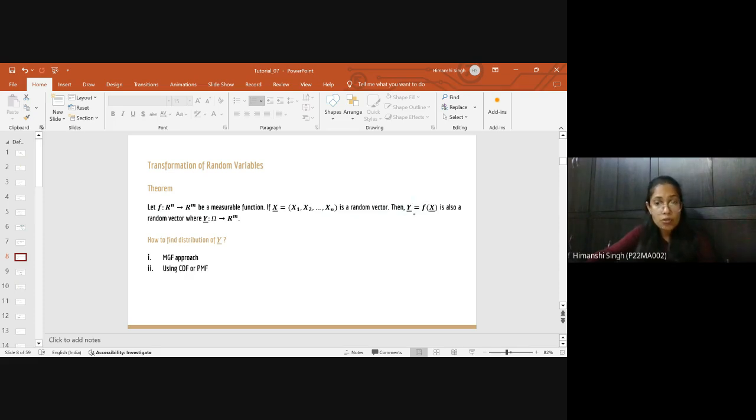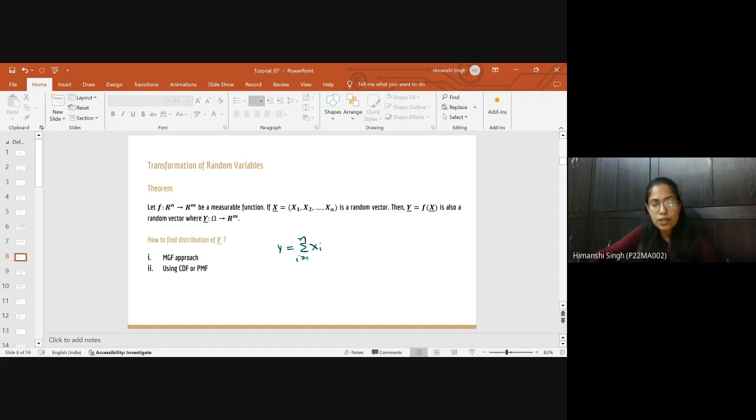Now, how can we find the distribution of this transformed random vector? We have two or more approaches. The first approach is the MGF approach. In the previous session, we discussed that if y equals the summation of xi, i going from 1 to n, this is basically a transformation again.